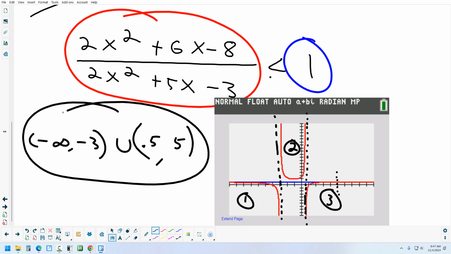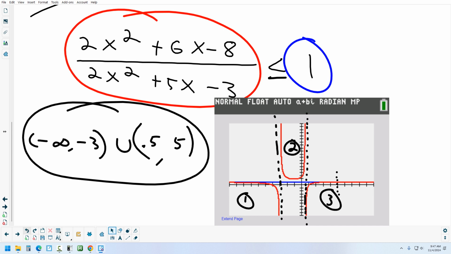Now, let's say it said less than or equal to 1. We almost have the same answer. There's one thing there that would change. Only one symbol. The right bracket. All the way on the right, this would become a bracket. You can't put a bracket on the 0.5 or the 3, because those are asymptotes.